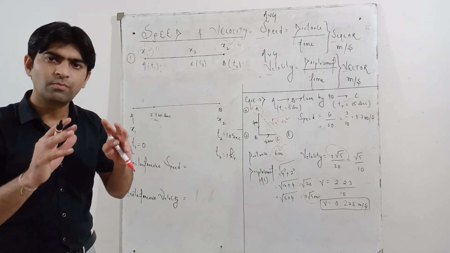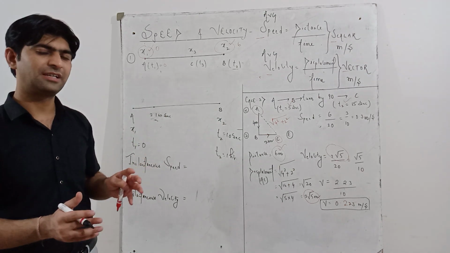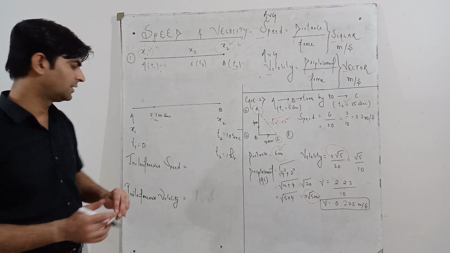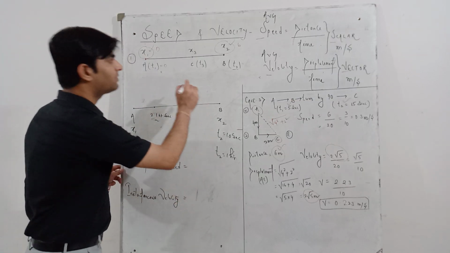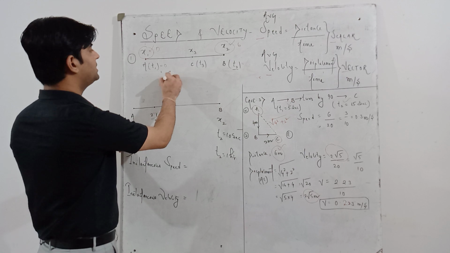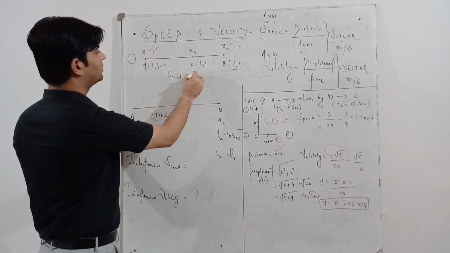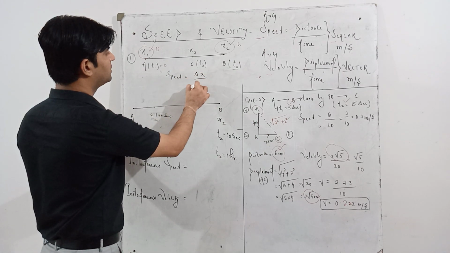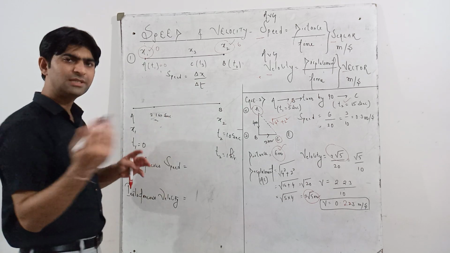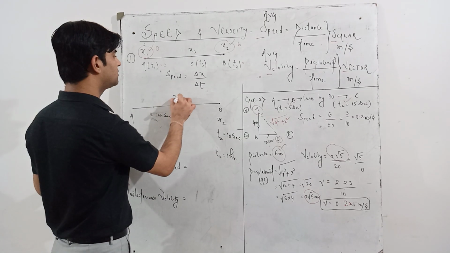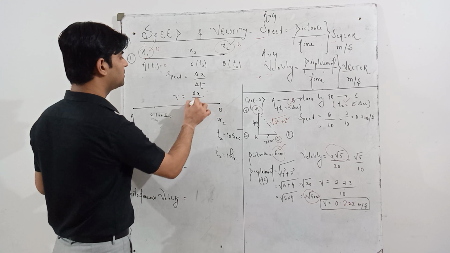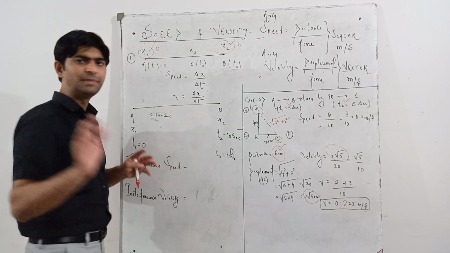Now what is the format to write instantaneous speed and instantaneous velocity? We have taken that speed equals del x upon del t. The same is the formula for velocity, del x upon del t. Just the meaning is different.